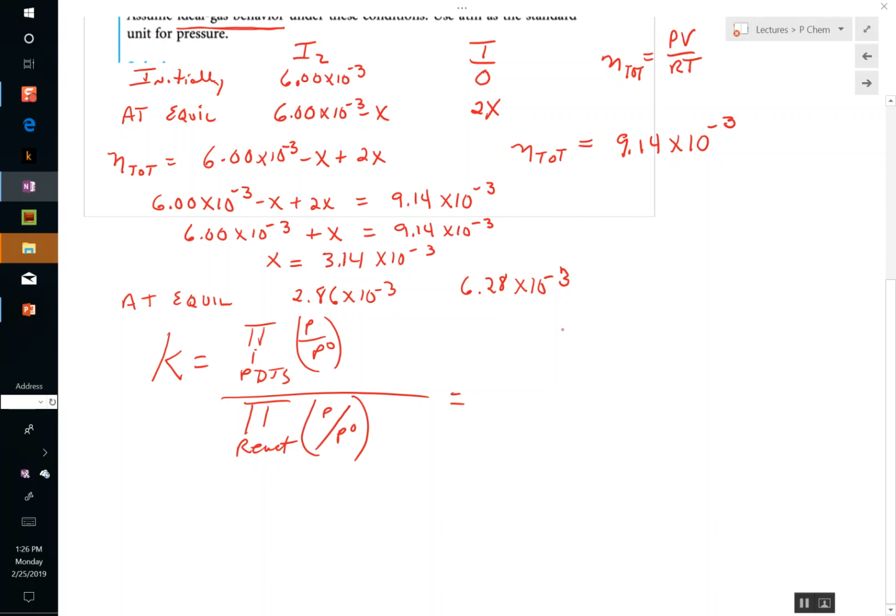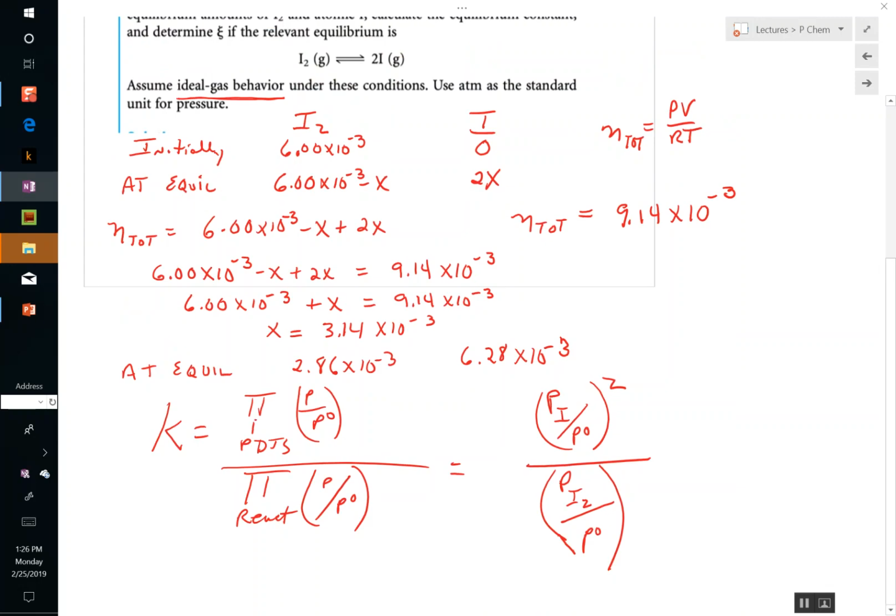So the pressure of the iodine divided by standard pressure squared, divided by the pressure of the diatomic iodine over... no, wait a minute here.